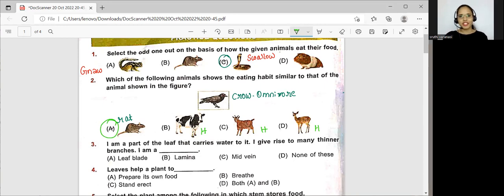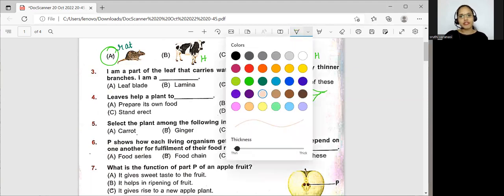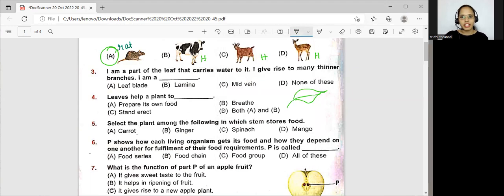Now, let's go to question number 3. I'm a part of the leaf that carries water to it. I also give rise to many thinner branches. I am a what? Generally, if we see the picture, a leaf looks like this, right? Now, in the leaf, what else do you see, students? You'll also see lots of tinier branches arising from it. So these are what?